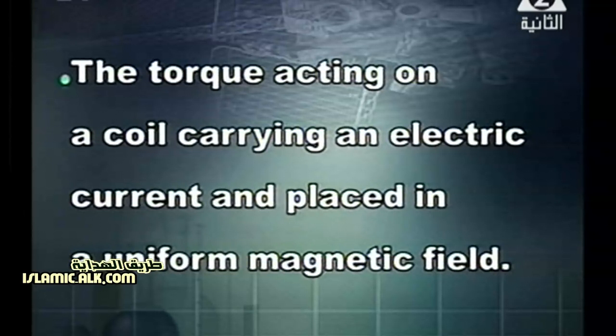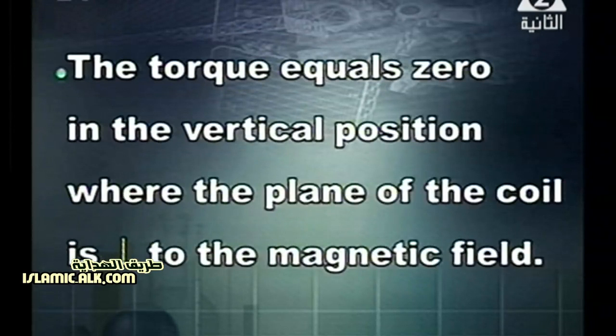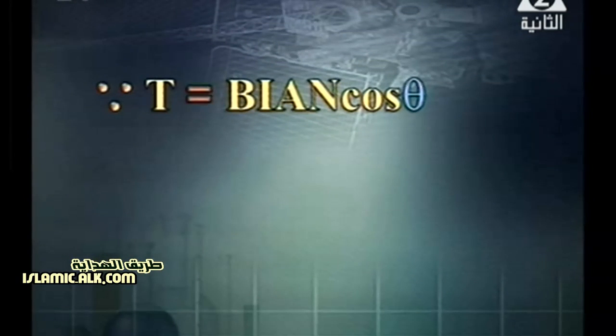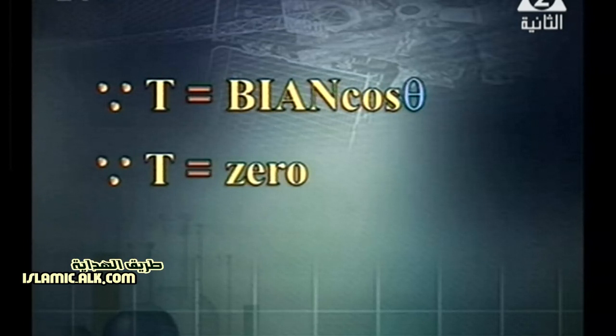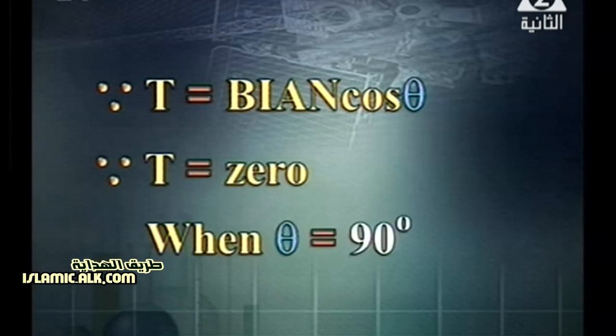This happens in the vertical position, where the plane of the coil is perpendicular to the magnetic field. The torque is determined from the expression T equals BIA cosine theta, so the torque is equal to 0 when theta equals 90, because cosine 90 is 0.